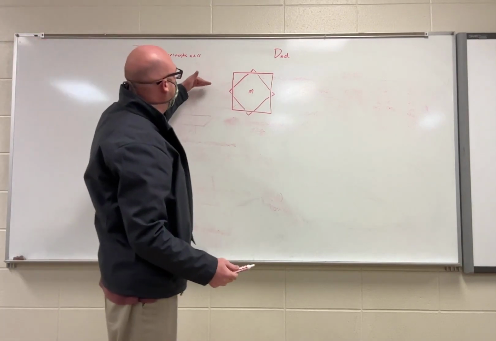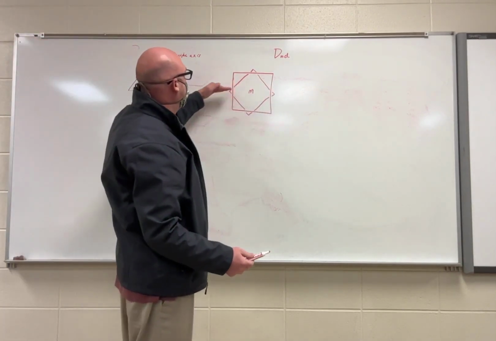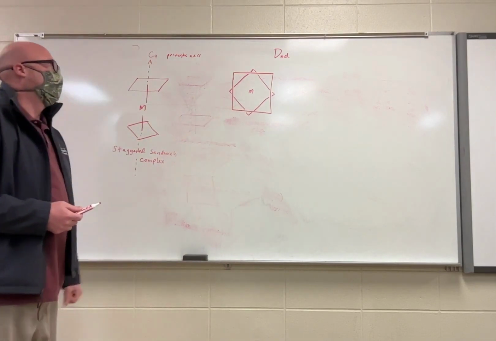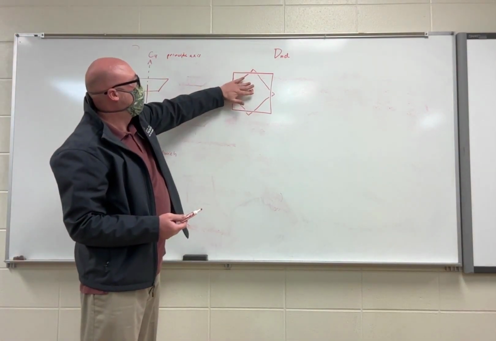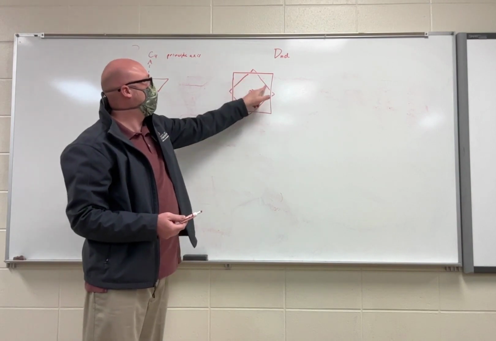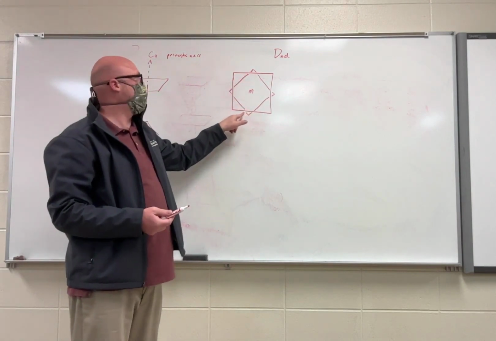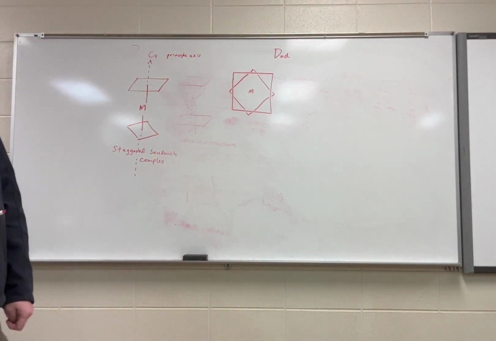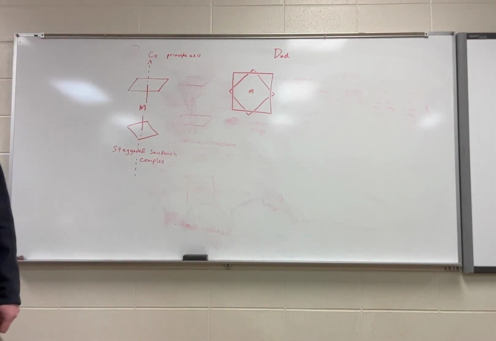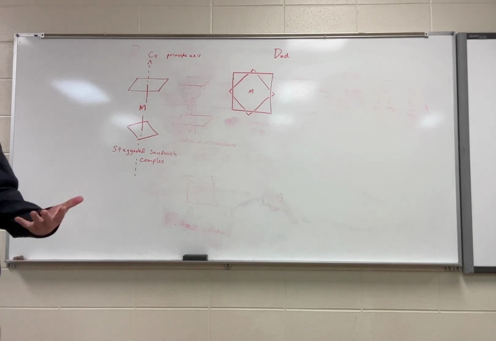If I put a C2 right there, the top four-member ring rotates to the bottom, but it will not be superimposed here because this is rotated by 45 degrees relative to the first. So that cannot be one of the C2s.